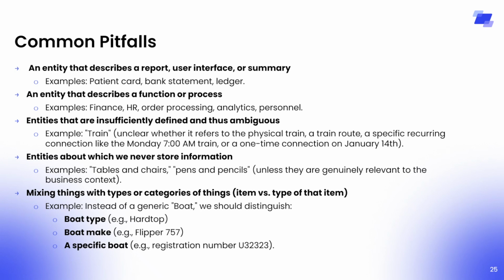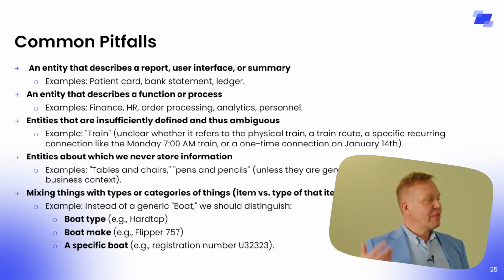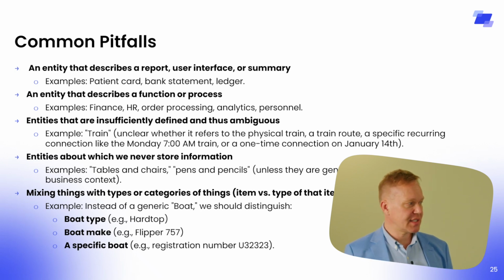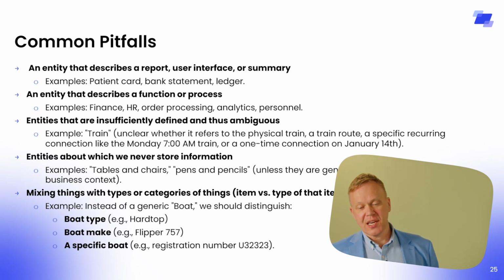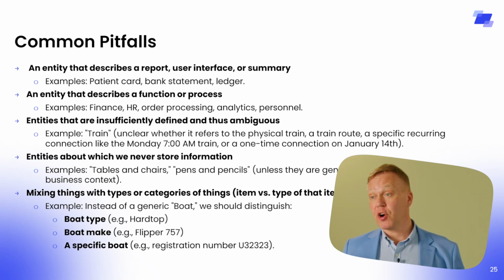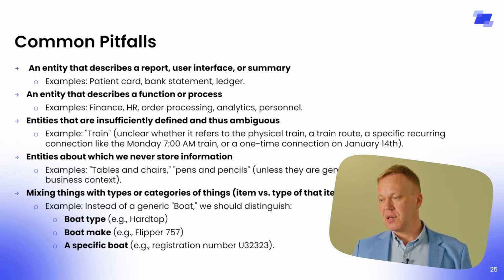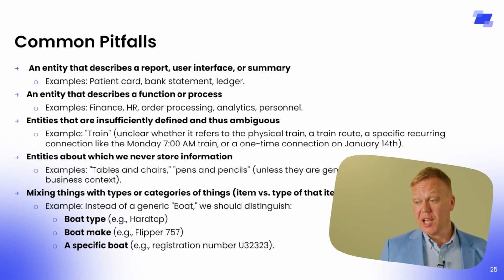And the last one is actually very close to the product item, product type example that I have mentioned a couple of times: we very, very easily mix things with types or categories of things. So the item versus the type of that item. For instance, here in the slides we have the boat example, but if it were about cars, it is that particular car with some registration plate, or that make or model or type and so on.